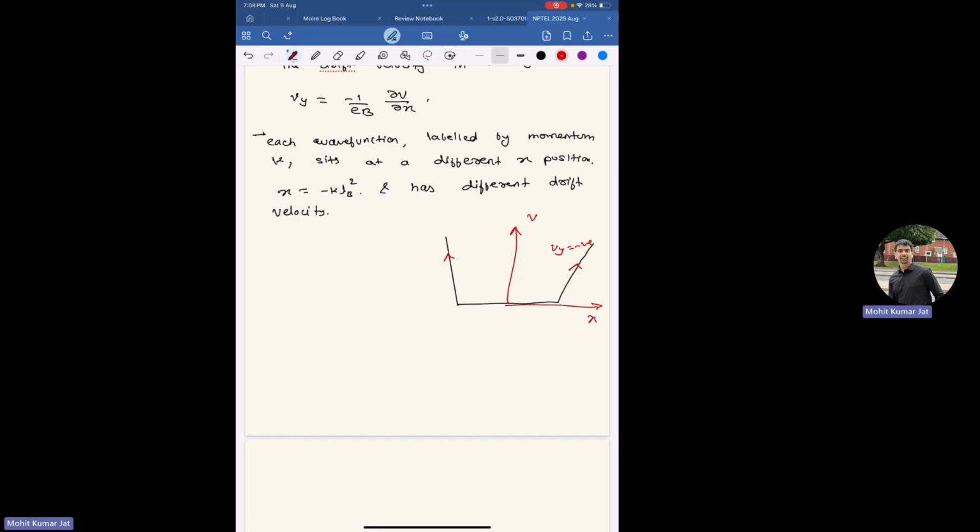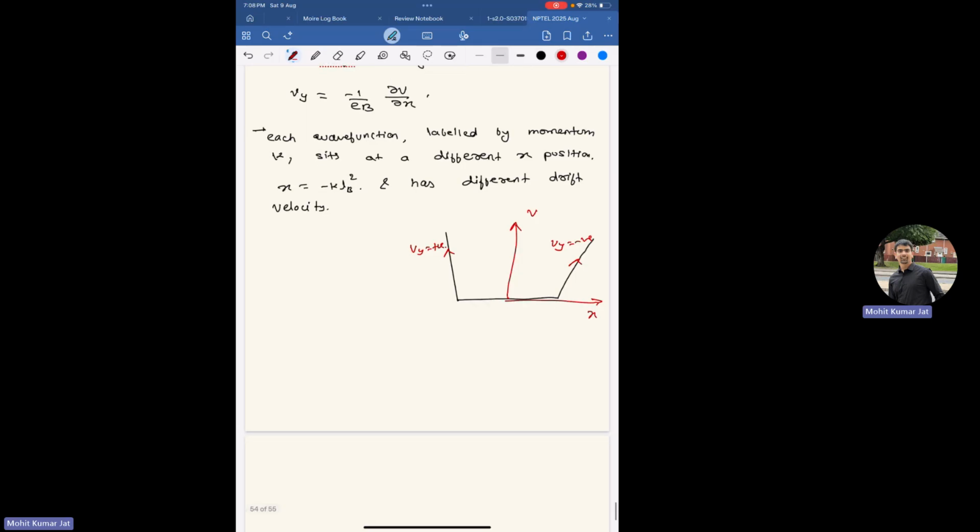And on this side, your del V by del x is negative. That implies your Vy is positive. And so the current is essentially flowing in opposite directions on the two edges. This agrees with the classical results of our skipping orbits, whatever we have discussed till now, right? So having a chiral mode now is special.